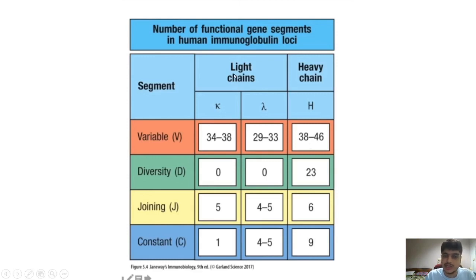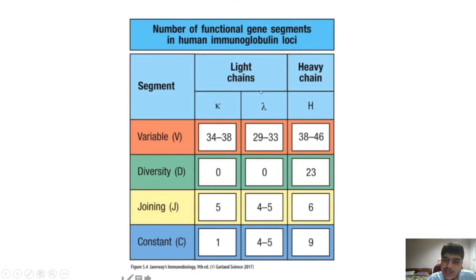And finally, these are the number of segments. These light chains, as I mentioned, are of two types, the kappa type and the lambda type, and both are on different chromosomes. So if it is a kappa light chain, there can be about 34 to 38 variable segments. It can take any one of these V segments and recombine with a J segment.